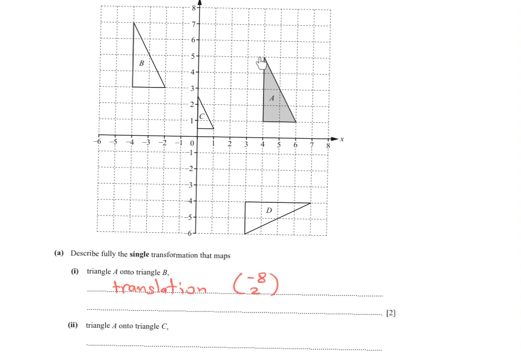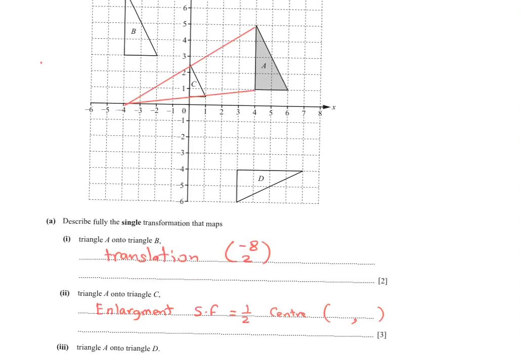Join this point and its image, then extend the line. Do the same for another point. The two lines intersect at the center of enlargement. So the center of enlargement is negative 4, 0.